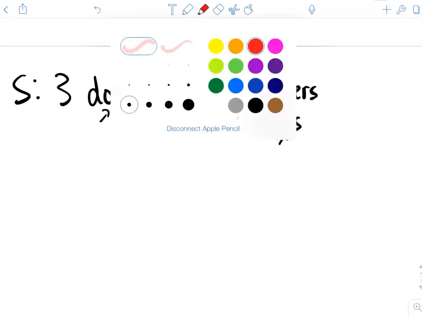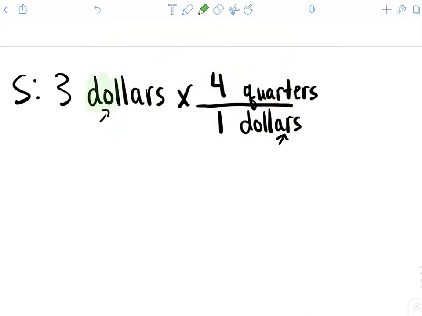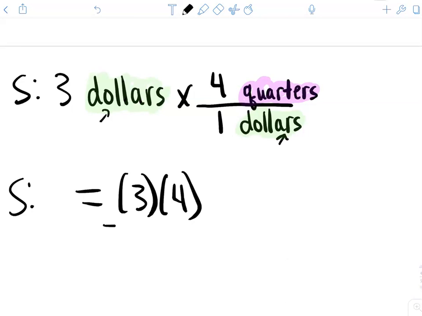Now, I think that it is very helpful to highlight the fact that my dollars are going to cancel out, and then I'm left with the thing that I want, which is quarters. And then the way that you actually go about multiplying and dividing is you do everything on the top, so 3 times 4, divided by everything on the bottom, which in this case is 1.